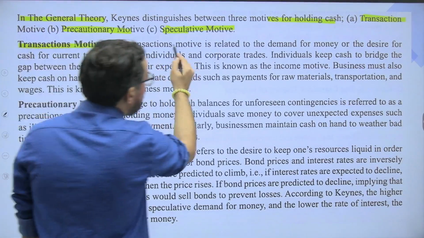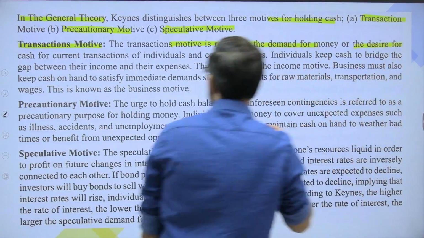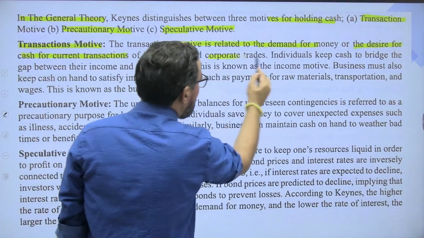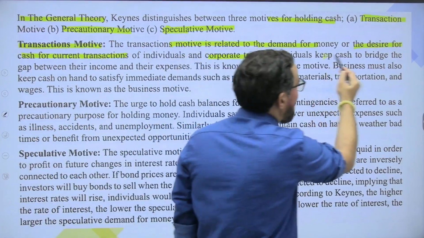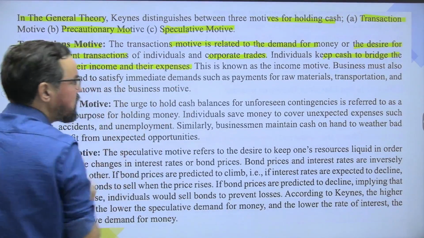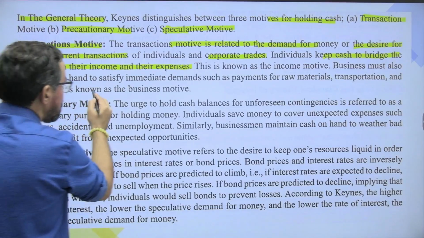The transaction motive is related to the demand for money or the desire for cash for current transactions of individuals and corporates. Individuals keep cash to bridge the gap between their income and their expenses. This is known as the income motive. A business must also keep cash on hand to satisfy immediate demands or liquidity requirements, as payment for raw material, transportation, and wages. This is known as the business motive.